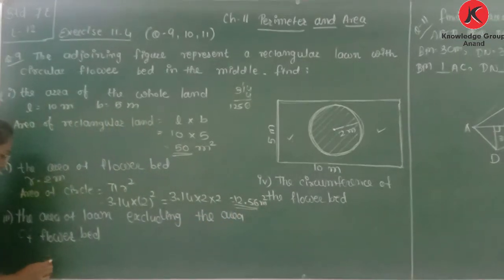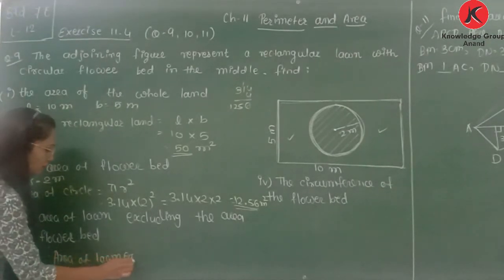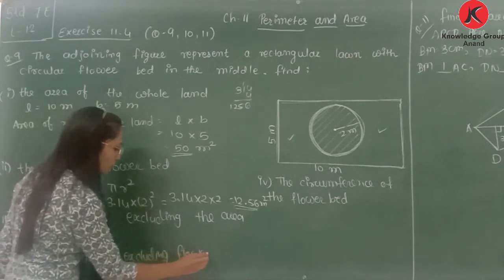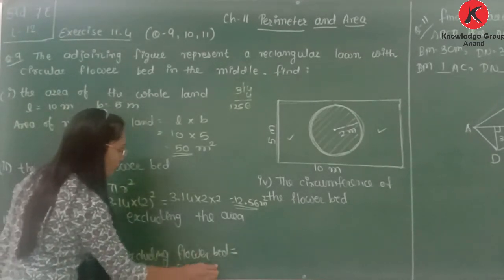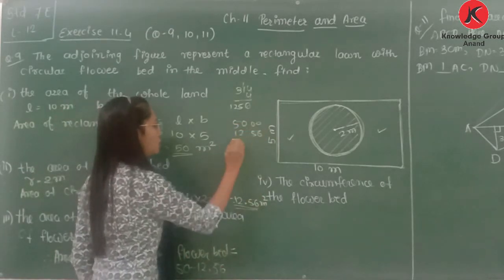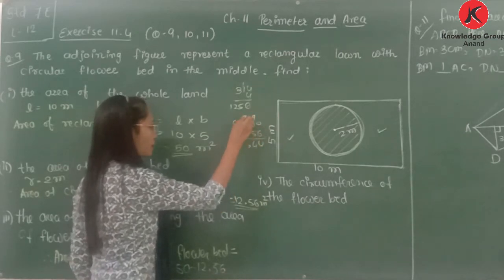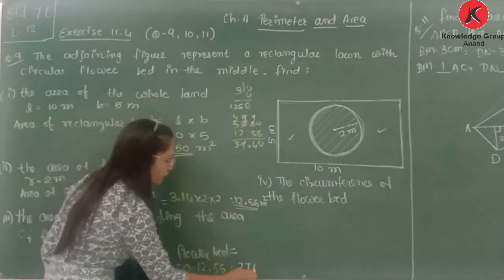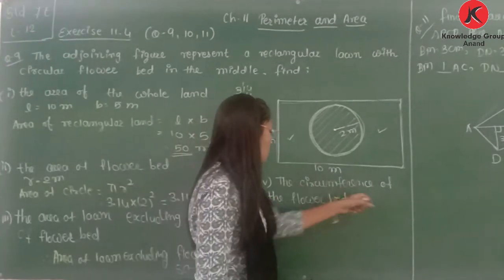So the area of the lawn excluding the flower bed is equal to 50 minus 12.56, which gives 37.44 meters square. Clear?